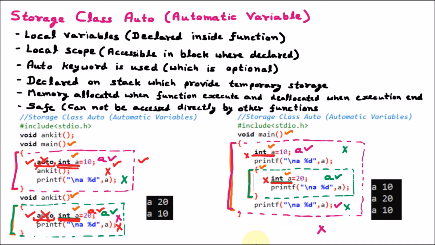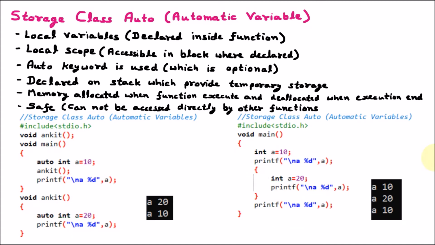Now we are learning how these two programs work. First of all, we are understanding the first program, of the automatic variable. Here we have made the comment that it is storage class auto, or the automatic variable. Afterward, we have taken one header file, #include <stdio.h>, which is a preprocessor directive and the standard header file for the printf and scanf functions.